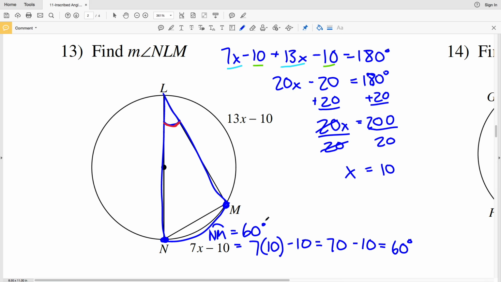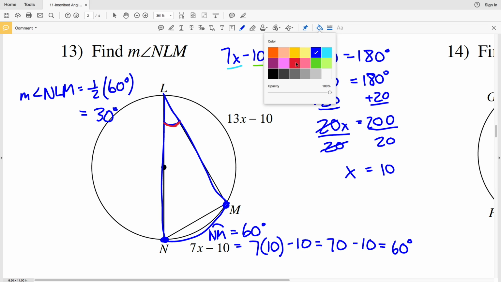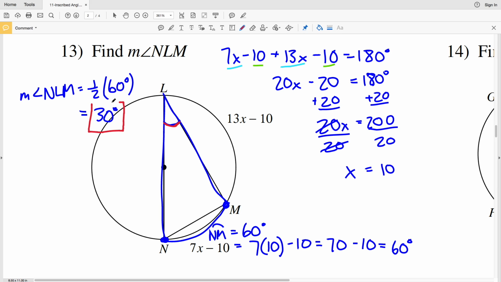Now I know that an inscribed angle is equal to half of the intercepted arc. So that means that the measure of angle NLM will equal 1/2 of that intercepted arc NM of 60 degrees. And 1/2 of 60 degrees is 30 degrees. So 30 degrees is the measure of angle NLM in number 13.